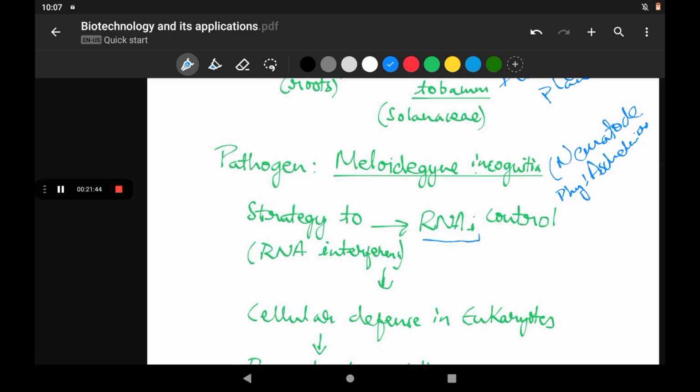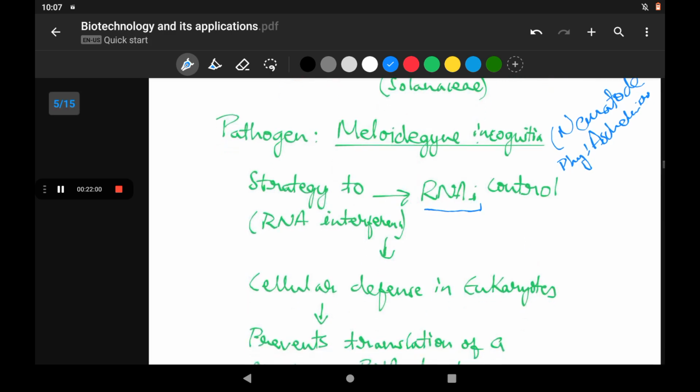RNAi means ribonucleic acid interference. So RNAi control or RNA interference strategy is naturally occurring in many of the eukaryotes as a cellular defense. We have just copied it from that and we are utilizing it in our control of this nematode Meloidogyne incognita.